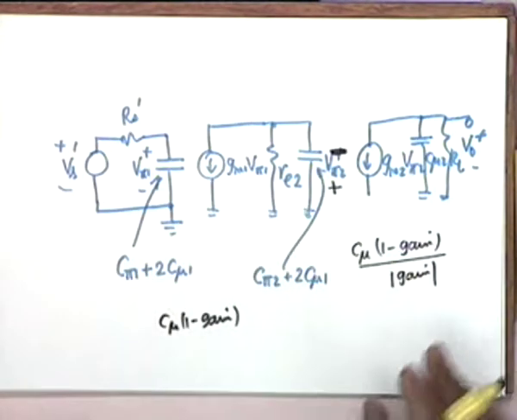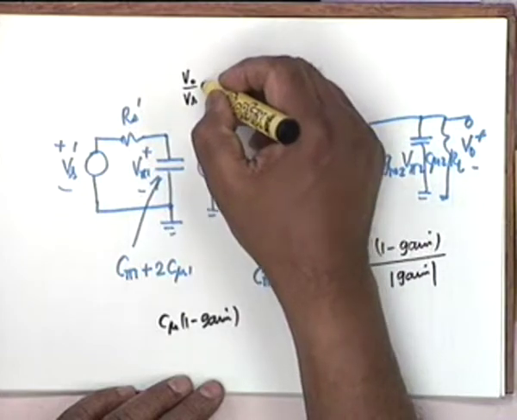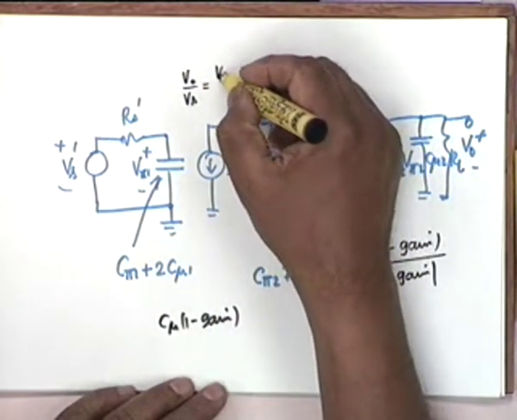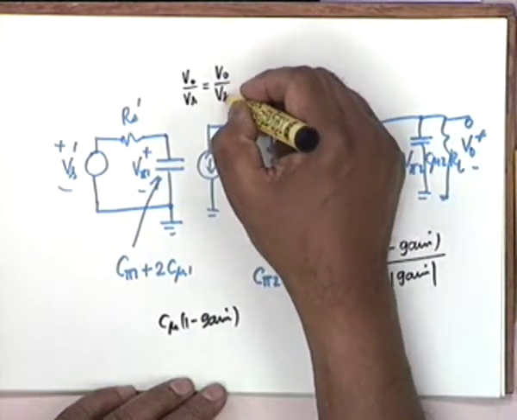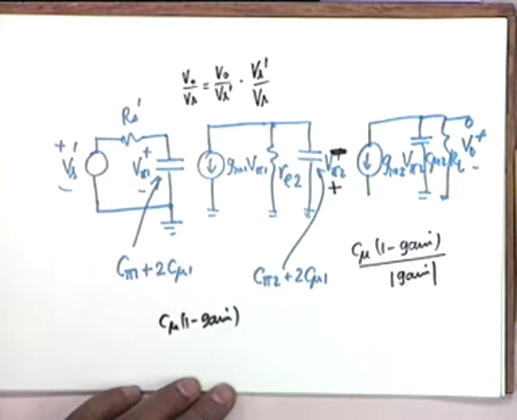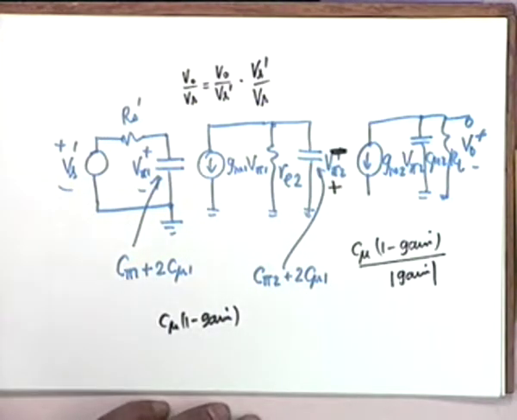Okay, now let's argue qualitatively. What would be the gain like? V0 by Vs, obviously, would be V0 by Vs prime multiplied by Vs prime by Vs. And you know Vs prime by Vs is a constant quantity. Agree?